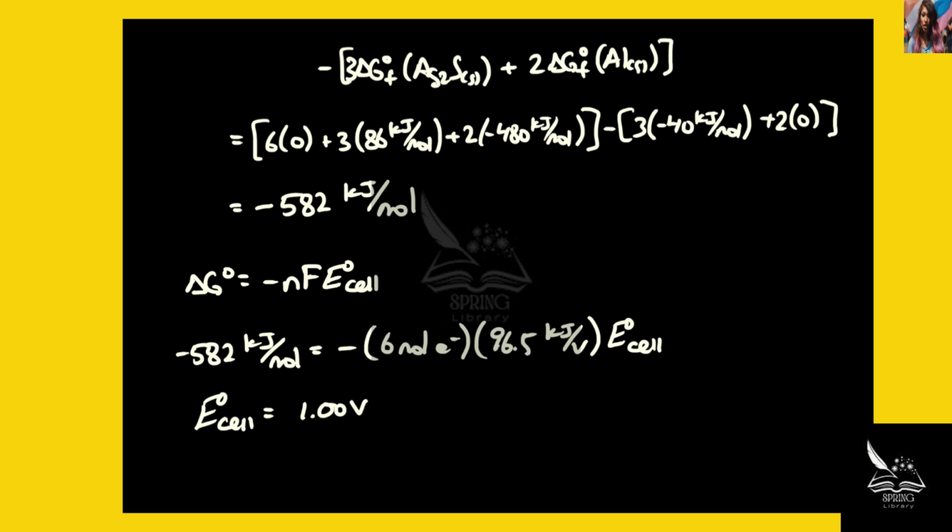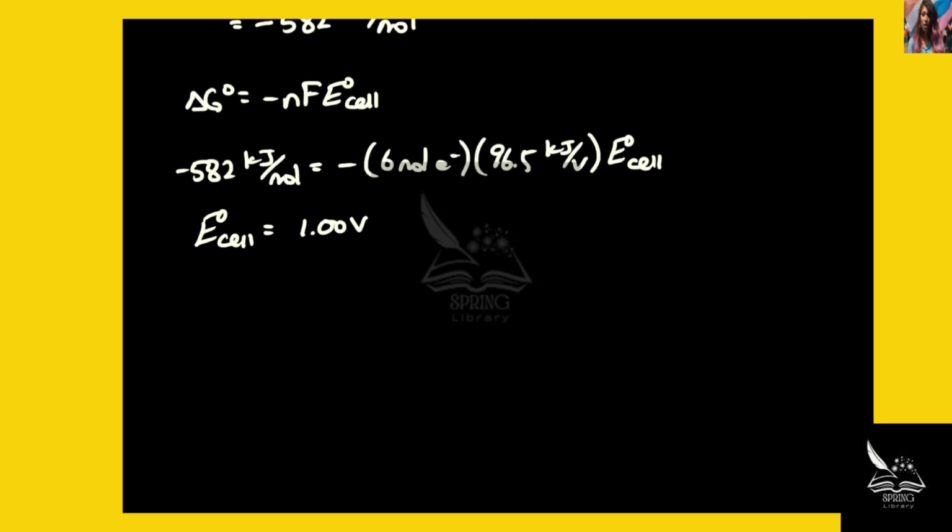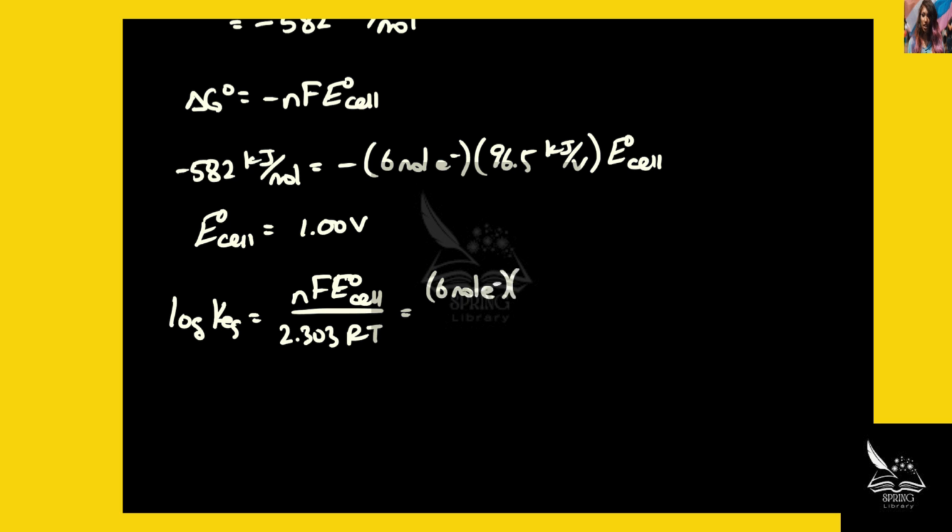And then we can calculate the equilibrium constant using the Nernst equation. The log of KEQ is equal to NF E naught cell over 2.303 RT. This is equal to 6 moles of electrons.